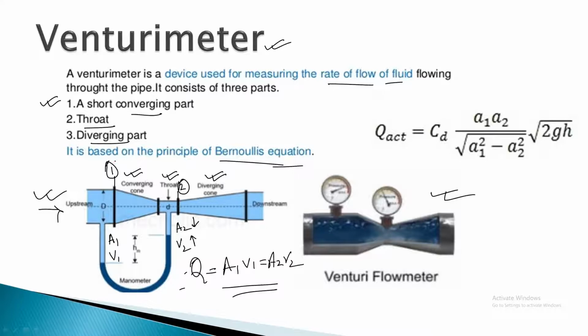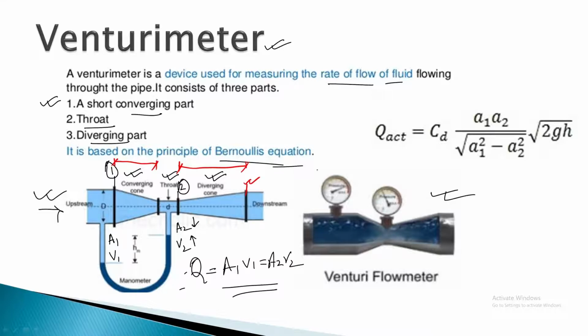This is the length of the converging cone. In this converging cone the pressure decreases and the velocity increases, and in the divergent cone the pressure increases and the velocity decreases as the area increases. So this is the concept.